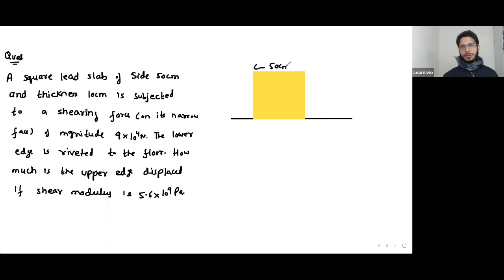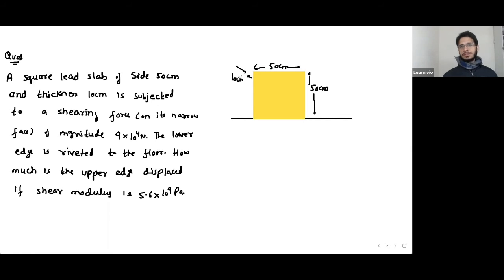This is 50 centimeter, this is 50 centimeter. Now, there is some thickness of the slab. I cannot draw a three-dimensional diagram. There is some thickness of the slab, and that thickness is 10 centimeter.